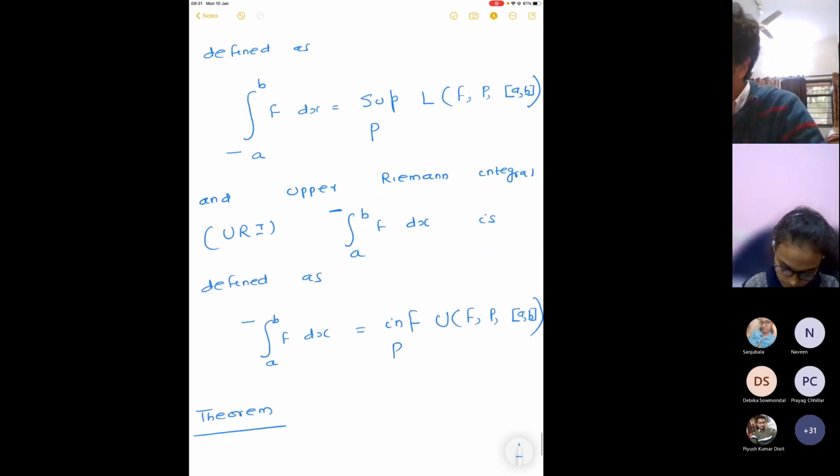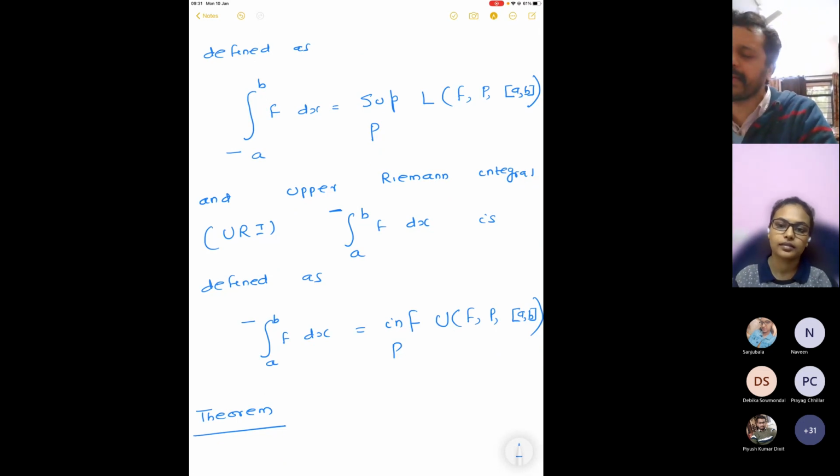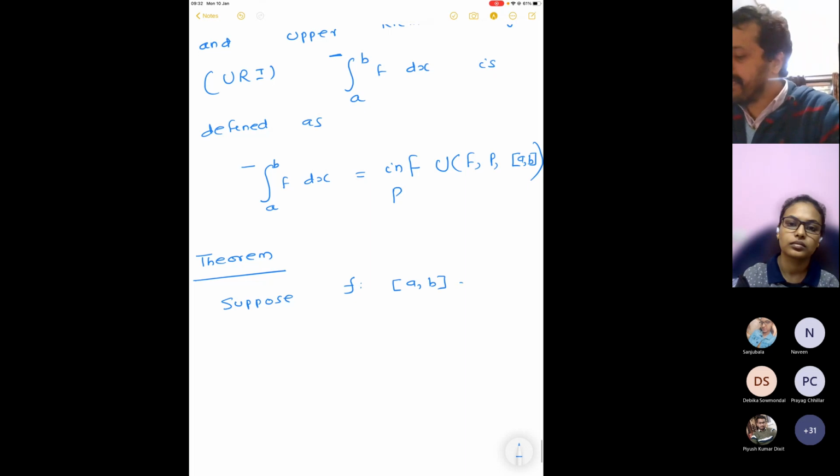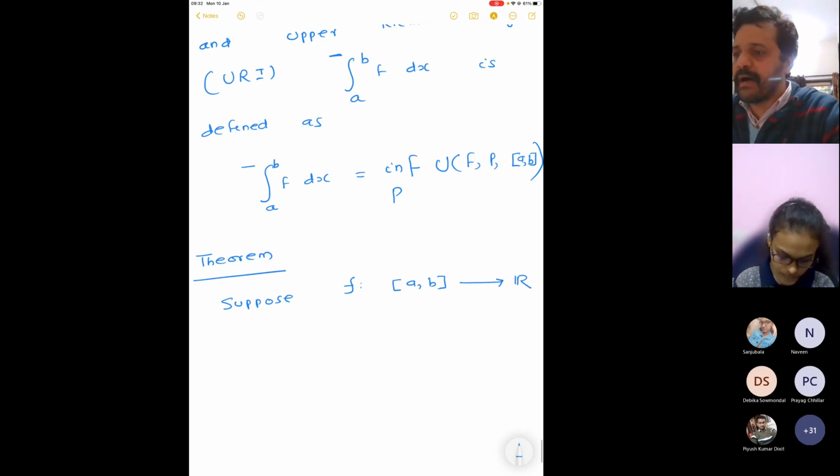You have already seen the connection between the lower Riemann sum and upper Riemann sum corresponding to any partitions, L(f, P) and U(f, P'). Keeping that in mind, can you compare the lower integral and the upper integral? Suppose f from [a, b] to R is a bounded function.